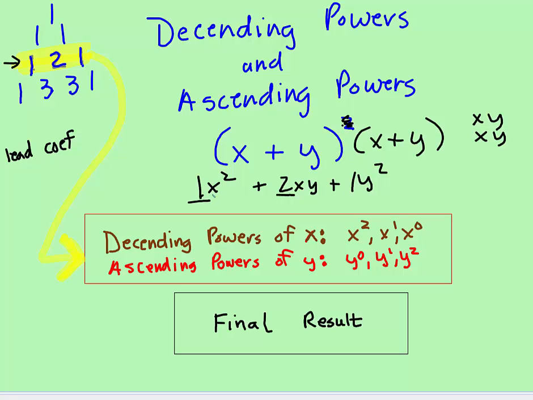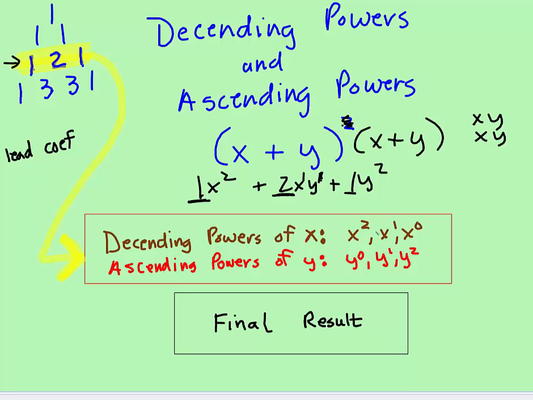But then there's this other stuff. This is x squared. This is x to the first. Oh, that's y to the first. And that's y to the second. So not only do we have Pascal's triangle that tells us the lead coefficients, but it also says the first term is going to be in descending powers.